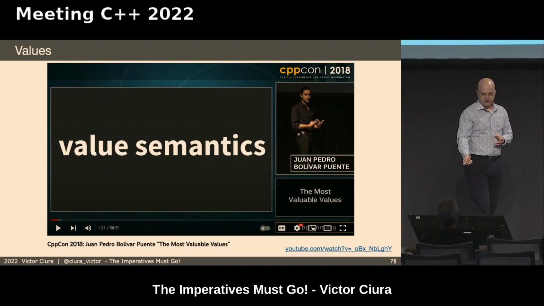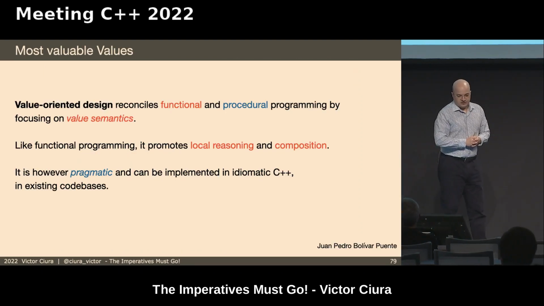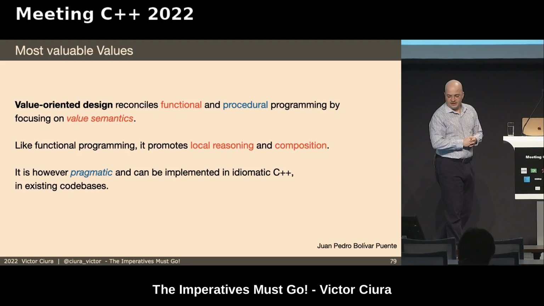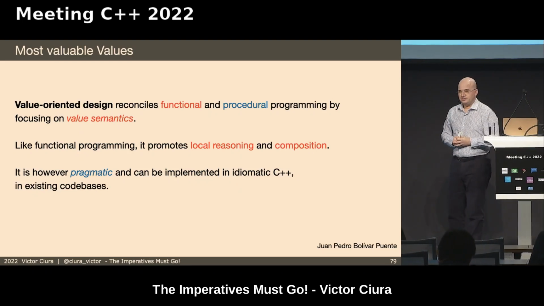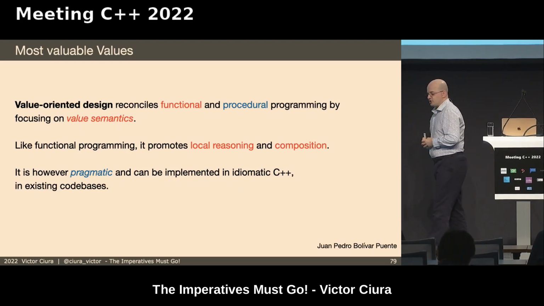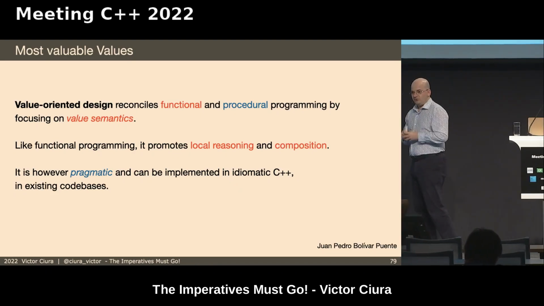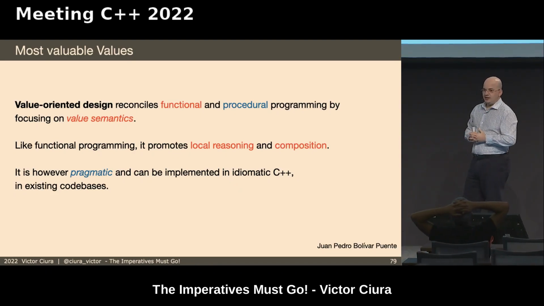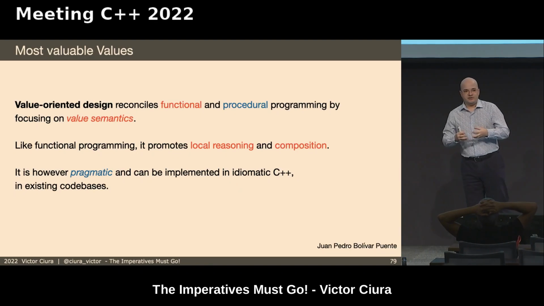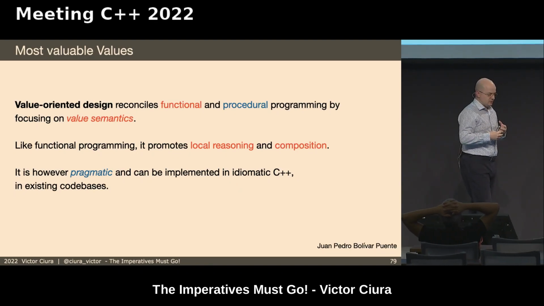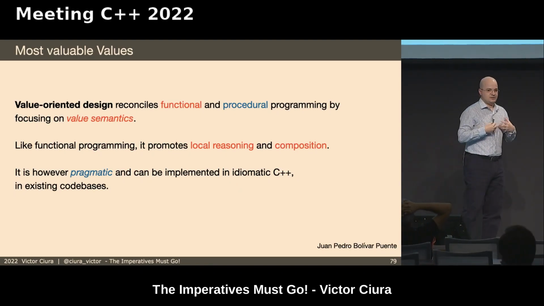I love this presentation. And it's all about value-oriented design and how the talk actually tries to reconcile functional and procedural programming by focusing on value semantics. So that's the most valuable bit out of what we can translate easily in C++.